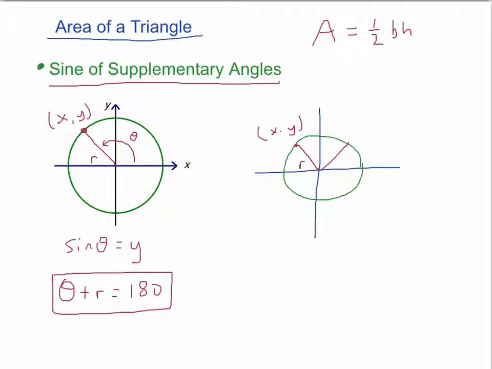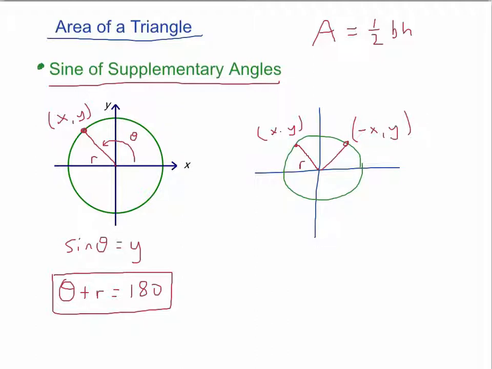Now, because of our understanding of the circle, we know that there's lots of symmetry here. So, the point on the other side of the y-axis would have basically a negative x value, but the exact same y value.